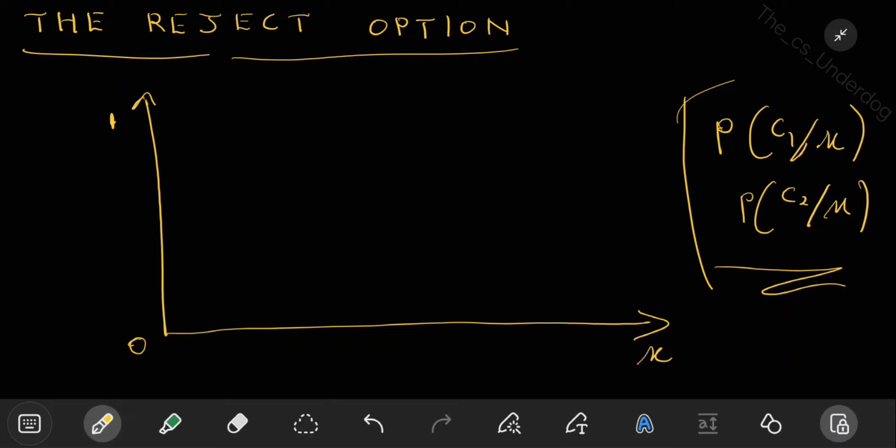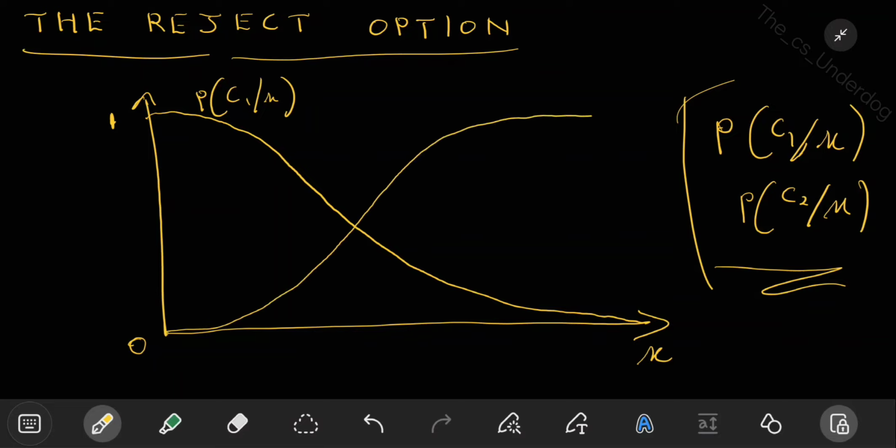If I take c1 given x, let's say it comes something like this. This is p of c1 given x. Similarly, let's say c2 given x goes something like this. This is p of c2 given x.